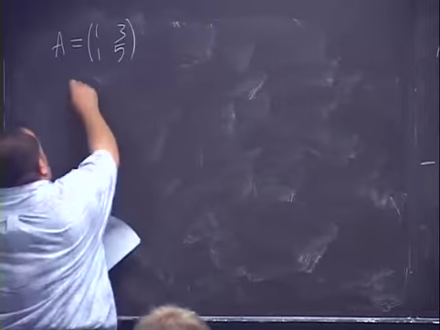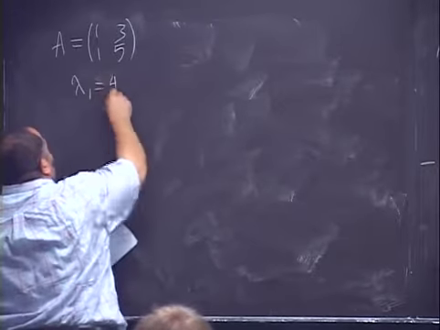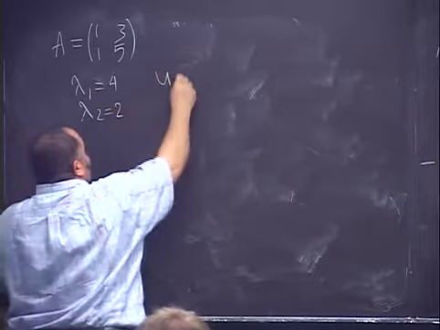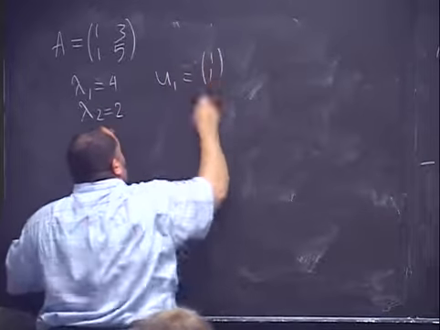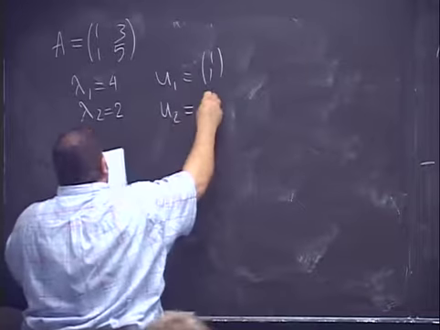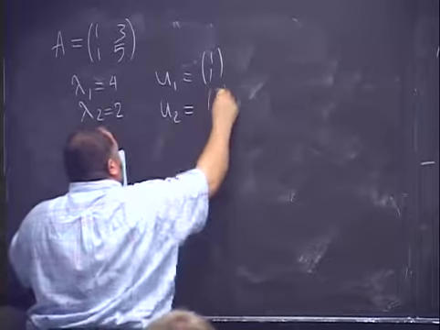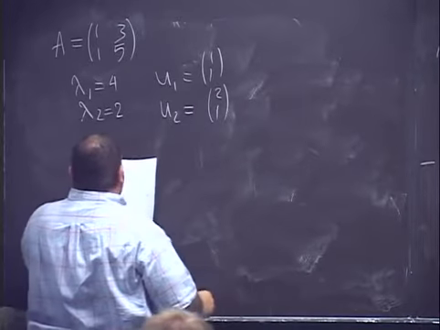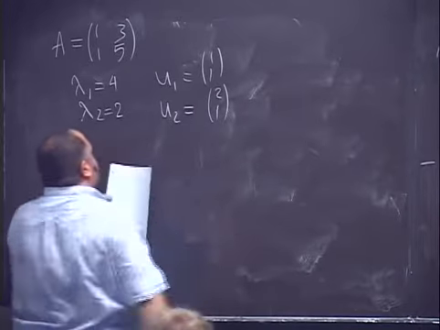It was not degenerate. So lambda 1 was equal to 4, and lambda 2 is equal to 2. And u1, if you remember, was equal to 1 and 1. And u2 was equal to 3 and minus 1.